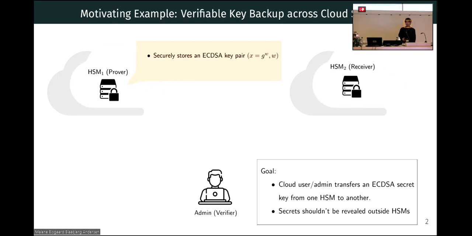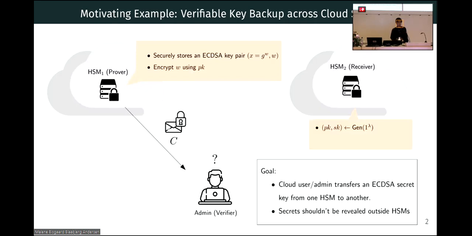So here, the hardware security module stores, for example, an ECDSA key pair. And then all the signing operations should happen inside the HSM. However, in case of hardware failure or something, you probably want to create a backup for keys inside the HSM, and then later recover the backup in the secondary HSM.